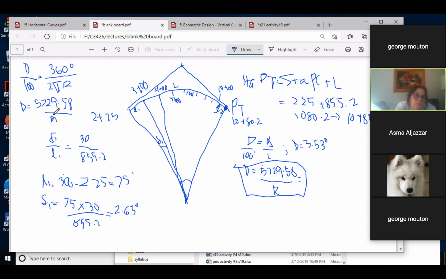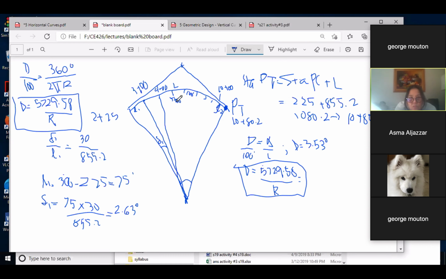The good thing about using this equation is that at least you have one unknown here, which is R. Whereas here delta is given, but L is based on R, right? So if you made some wrong calculation on L, then everything else will be wrong. But here it's just one, which is R. So you'll get the same result.